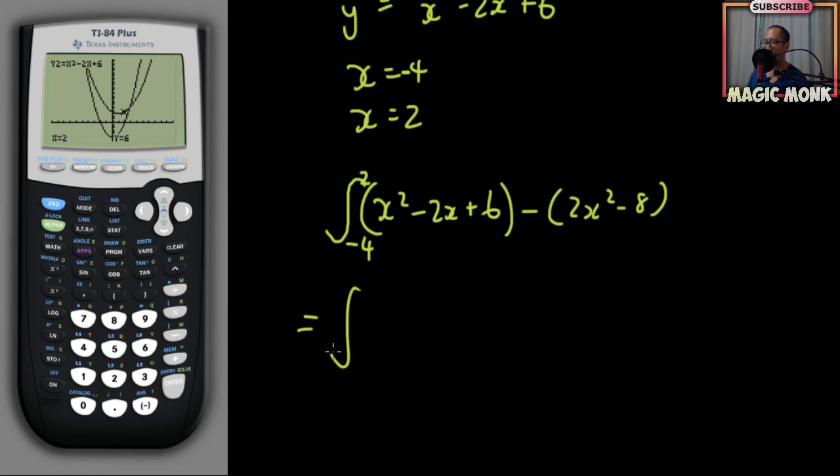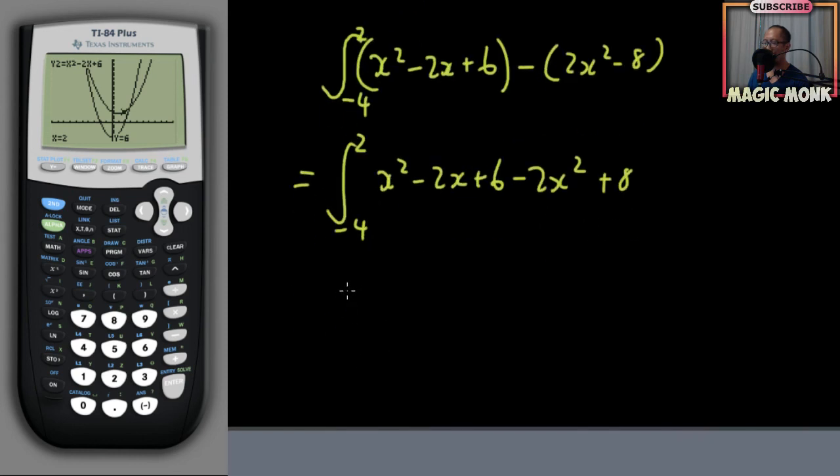Before we even integrate, I'm going to simplify it first. Let's just get rid of the brackets first. So you've got x squared minus 2x squared, so that's minus 3x squared.